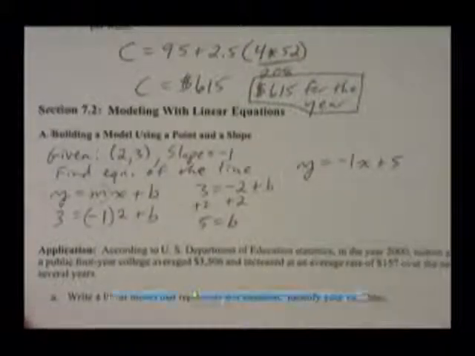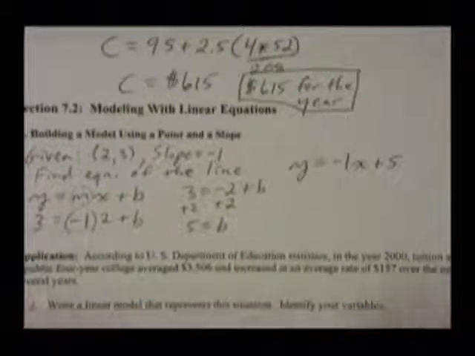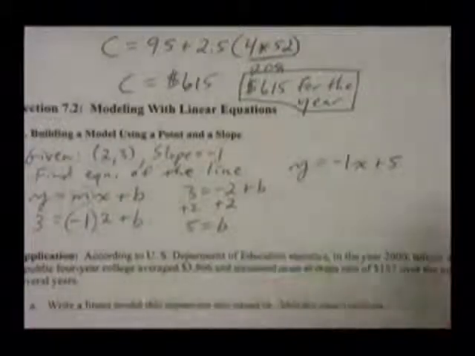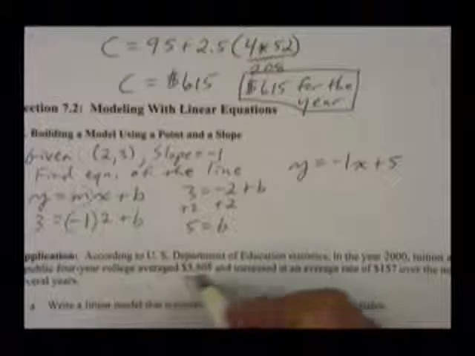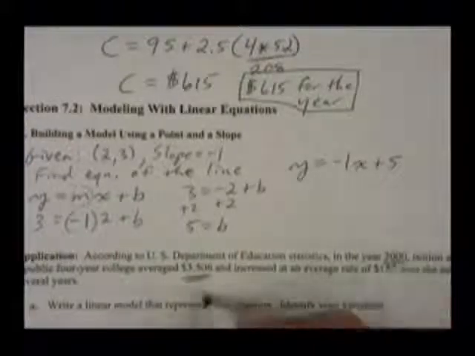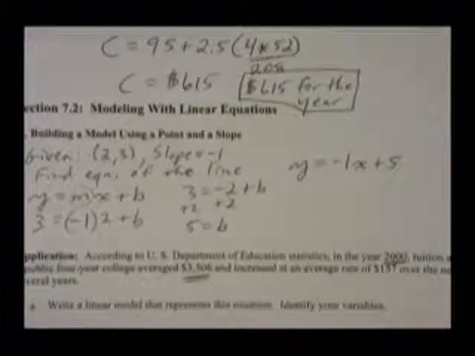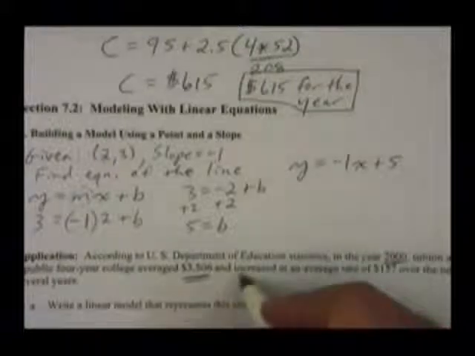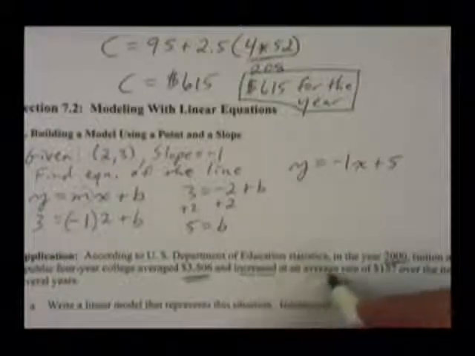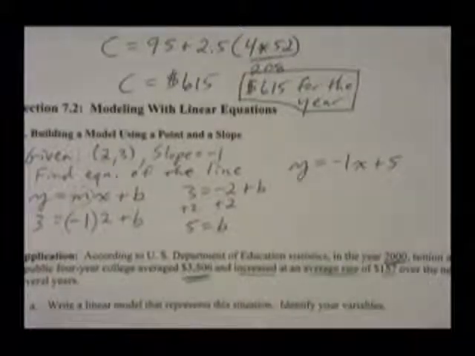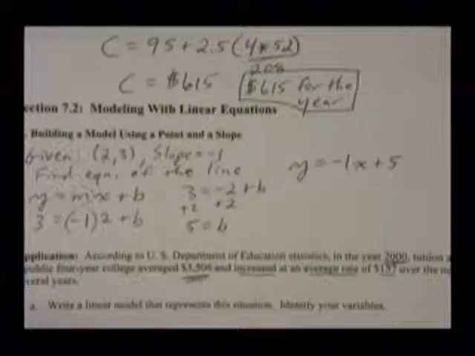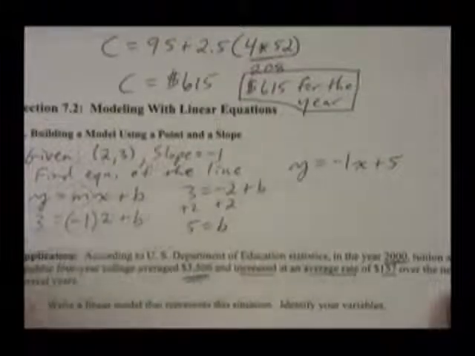All right, so we've got two data points in here. We are told that we started out in the year 2000 with this amount of tuition. And then it's increasing at an average rate of $157. All right, so that tells us what we have.